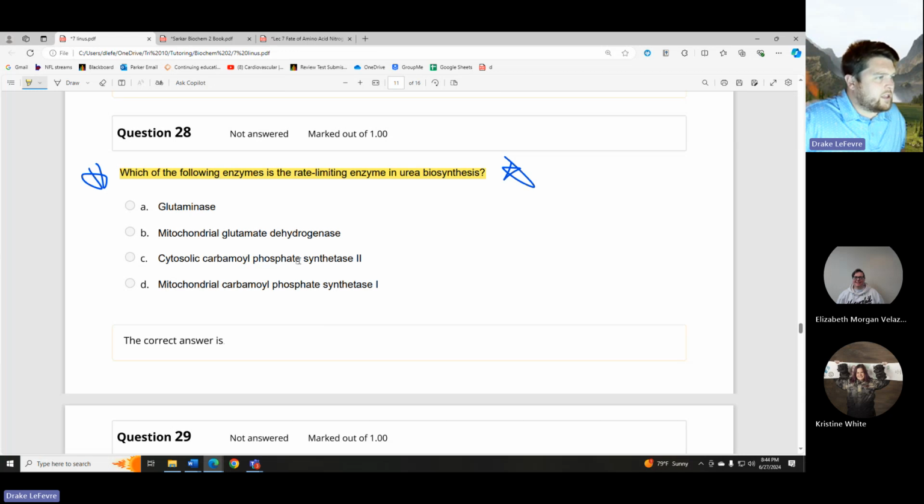We look at this. Our very, very first step, our mitochondrial carbamoyl phosphate synthetase 1. Because if we never make the carbamoyl phosphate, we can never form the citrulline from the ornithine to start the whole process in the cytosol.